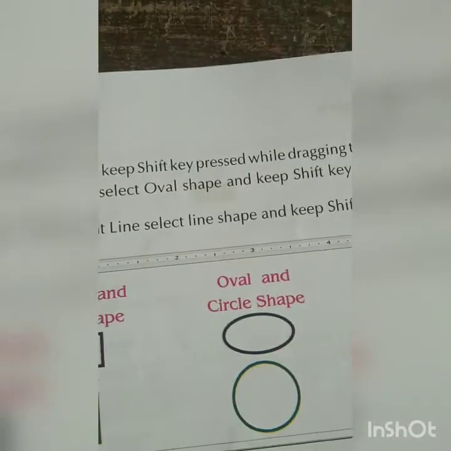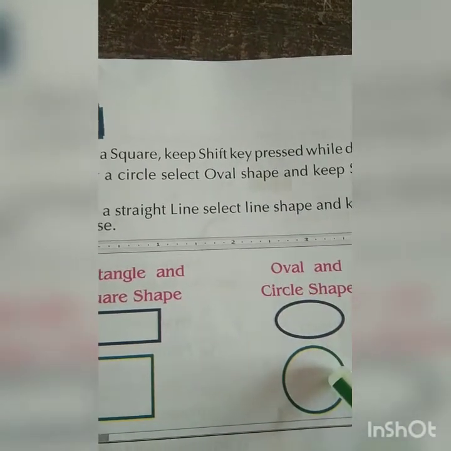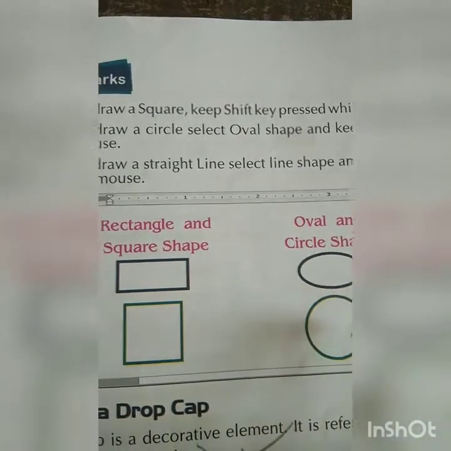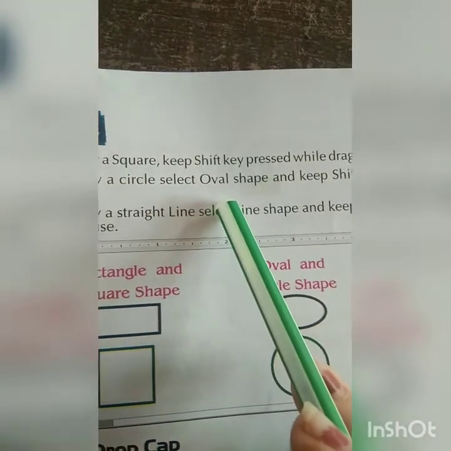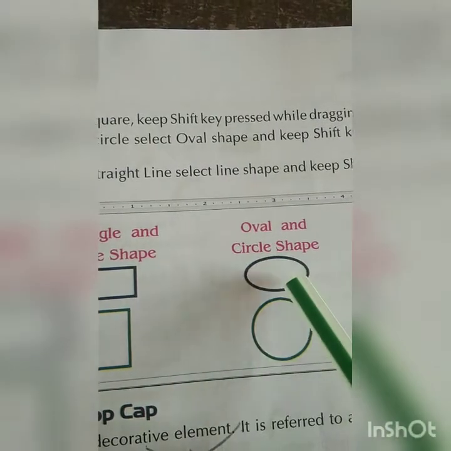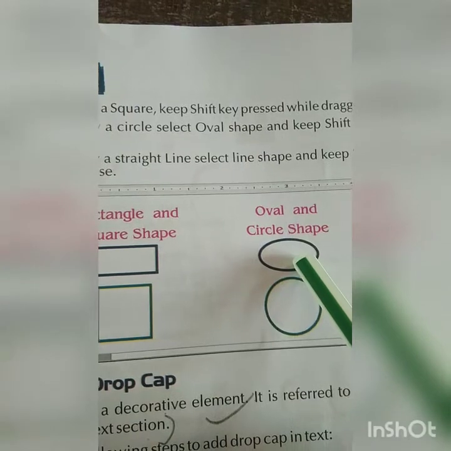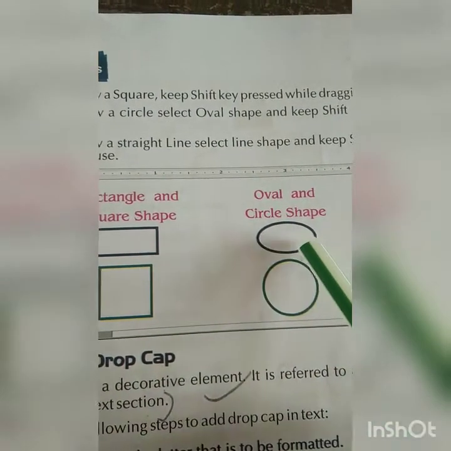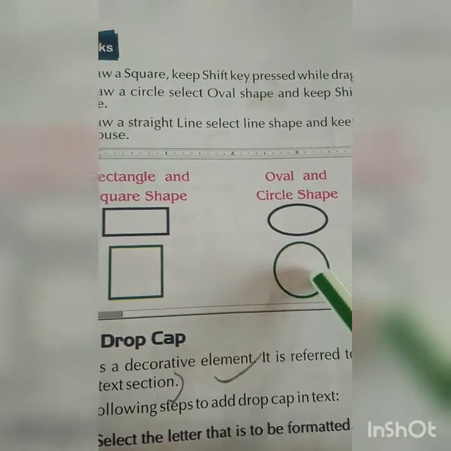So press the shift key, and with the help of the mouse you can set the size of the shape. To draw a circle, select the oval shape, and with the shift key pressed, dragging the mouse, you can change the oval into a circle.